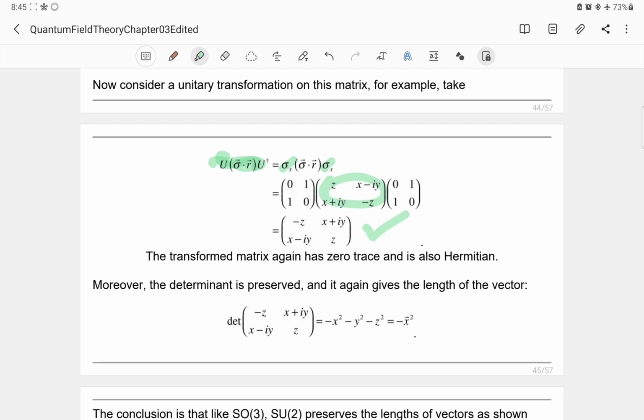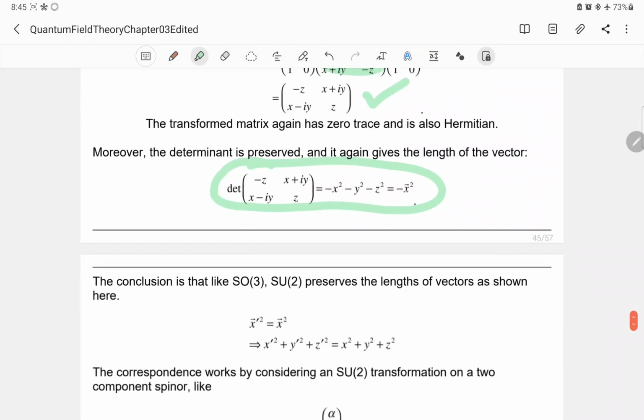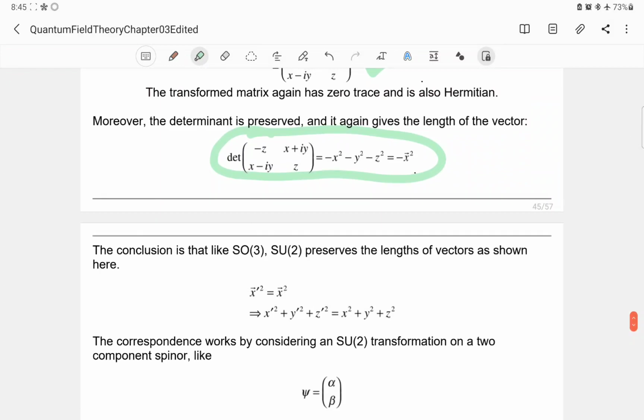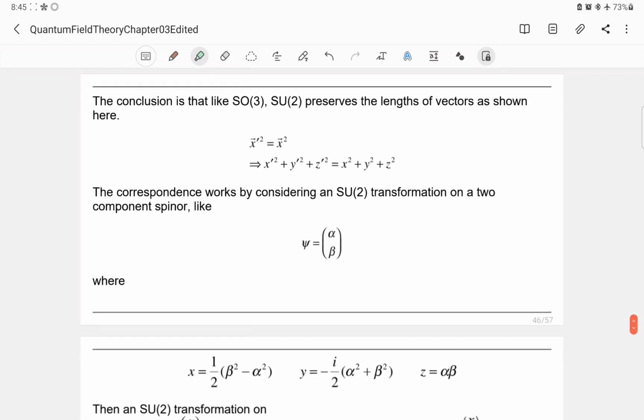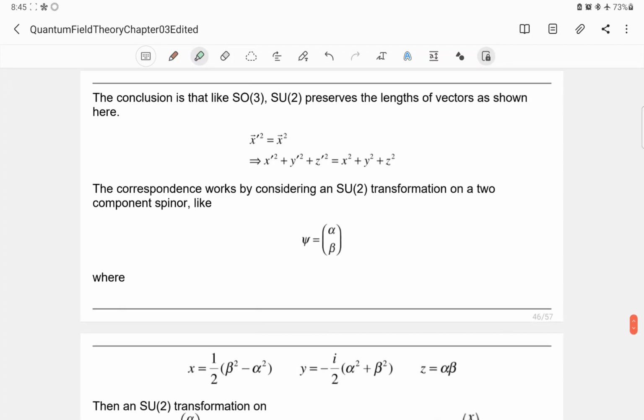Moreover, the determinant is preserved, and it again gives the length of the vector. So just like SO3, SU2 preserves the length of the vector. So the structures of SO3 and SU2 are really similar.